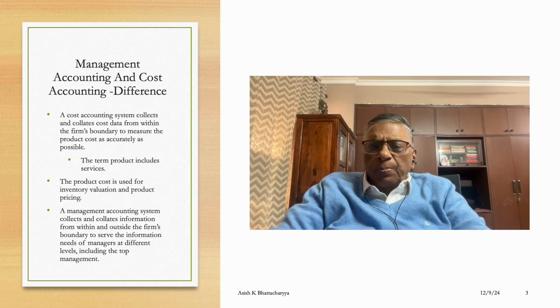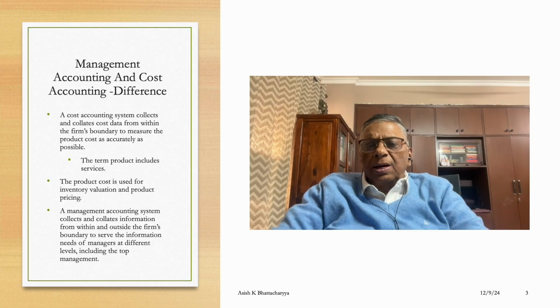When we talk about management accounting, it collects data from within the boundary of the firm and also from outside the boundary of the firm. Why do I say outside the boundary of the firm?